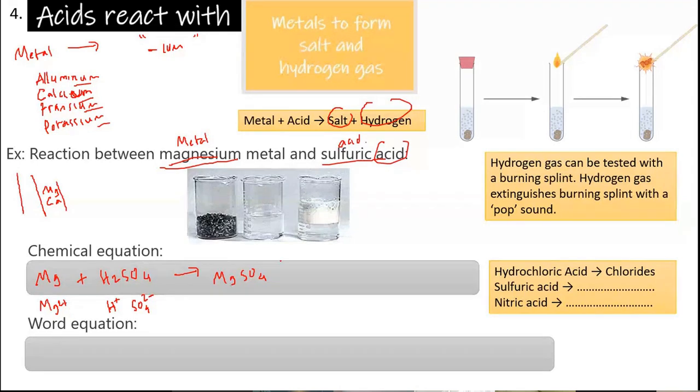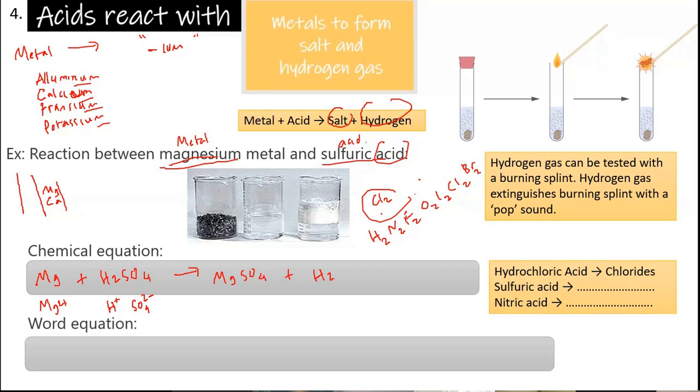And the other product is hydrogen. Remember, hydrogen gas is a diatomic molecule. Hydrogen gas and chlorine gas are diatomic. To remember: have no fear of ice cold beer. This is diatomic: H2, N2, F2, O2, I2, Cl2, Br2.